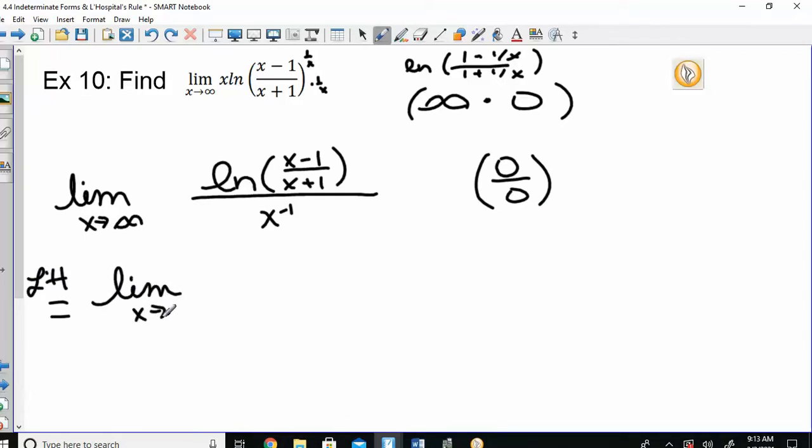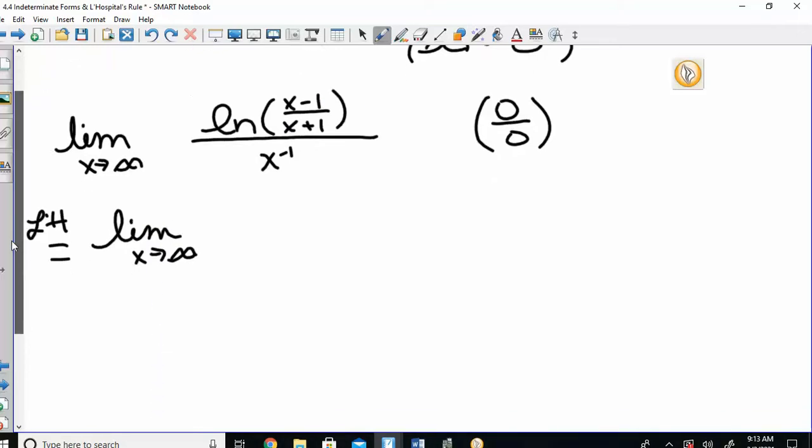So how am I going to do the derivative of that mess? Yeah, we are going to have to do the chain rule, aren't we? The derivative of a log is 1 over the argument.